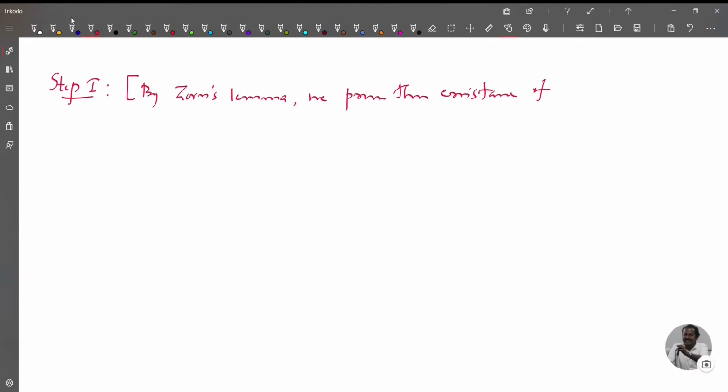Now we pass on to the proof of the theorem. Step 1. By Zorn's lemma, we prove the existence of Z such that Y is contained in Z and E intersection Z is equal to empty.